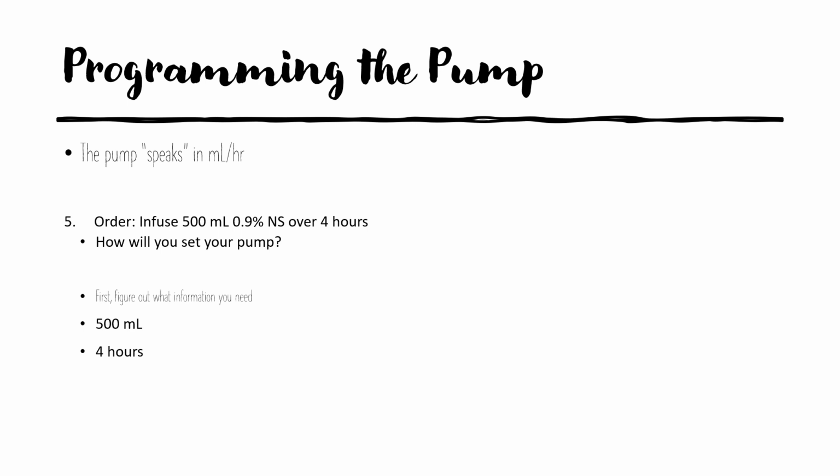And I need that 500 milliliters and those 4 hours. Then I do my setup, 500 milliliters divided by 4 hours, and I get my answer of 125 milliliters per hour. That is how I will program my pump.